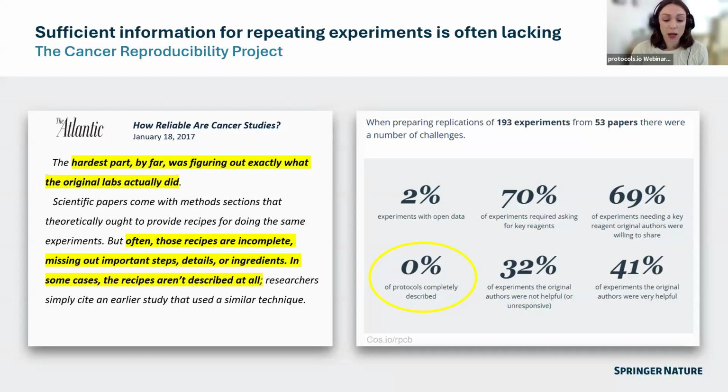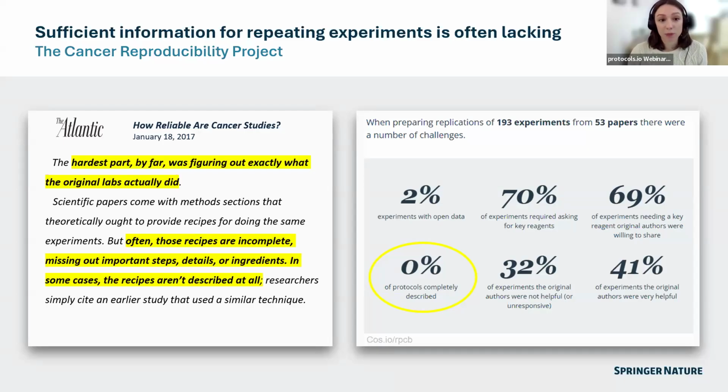We can see here on the left, this is a nice write-up in The Atlantic, and they say the hardest part was figuring out exactly what the original labs did. And so these method sections come with recipes or protocols, which are often incomplete, missing out on important steps, details, and ingredients, or aren't described at all.